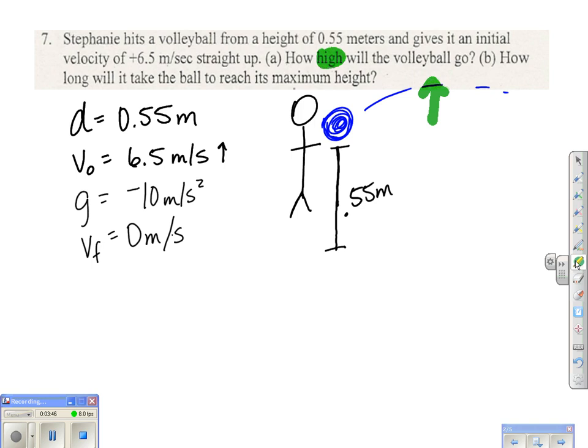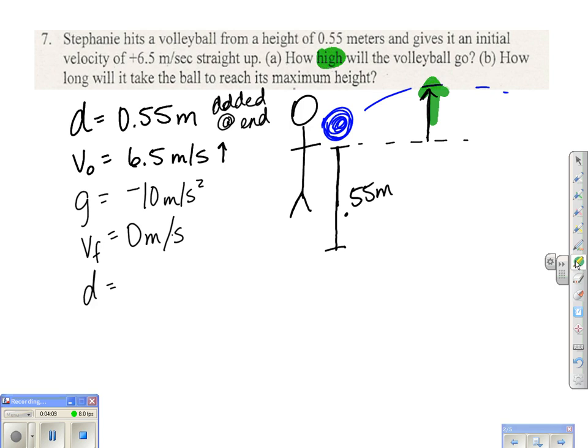Now, this particular distance right here will need to be added at the end, because we're really just going to find this distance right here. All right, so we're going to find d.